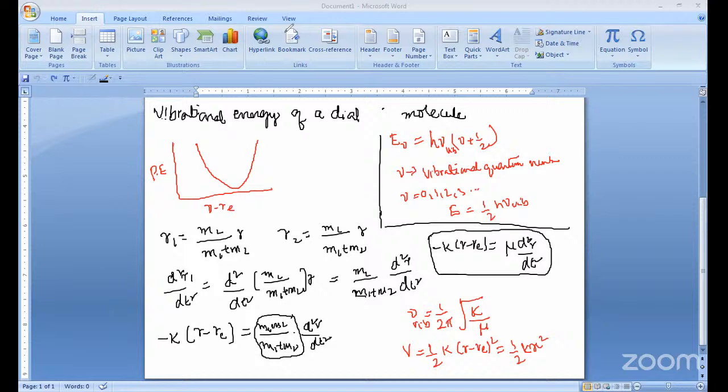So now we will see the spectrum here. In continuation, whatever you got, G(v) = ω (v + 1/2), you will get in continuation of this one.